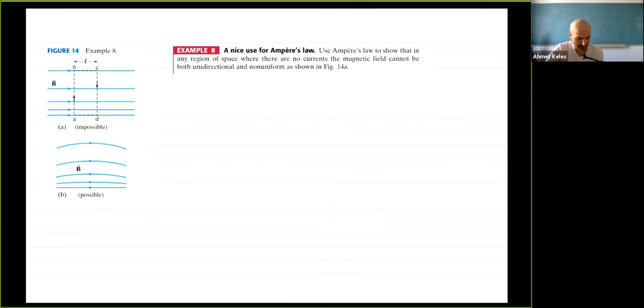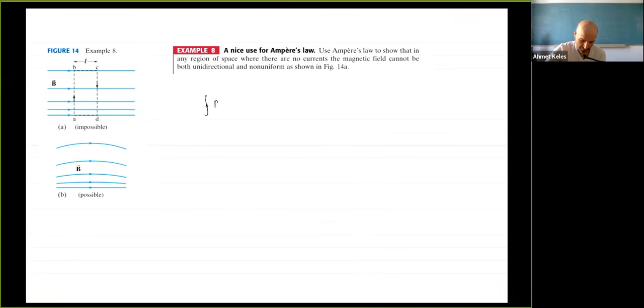Let's just examine this picture and try to see what's going on. Now you remember that the number of lines indicates the strength of the field, so the density of lines. The density of lines here is bigger, so the field must be stronger here. And the density of lines here is smaller, so the magnetic field must be smaller here. So maybe I can think about this.